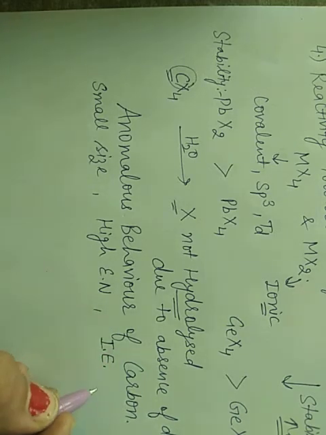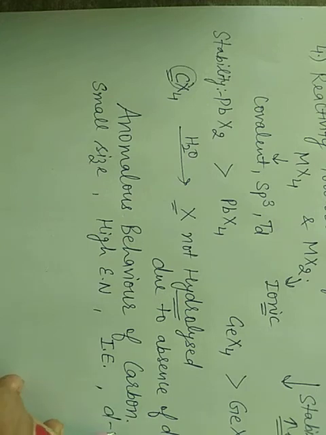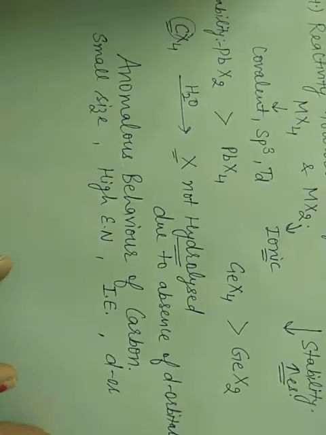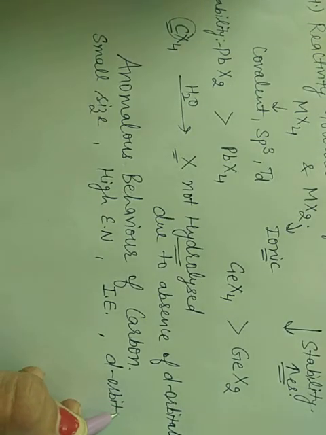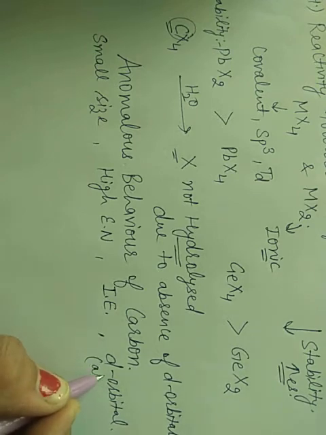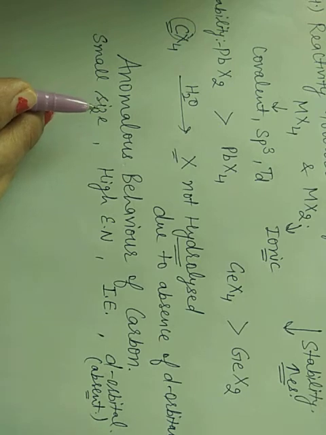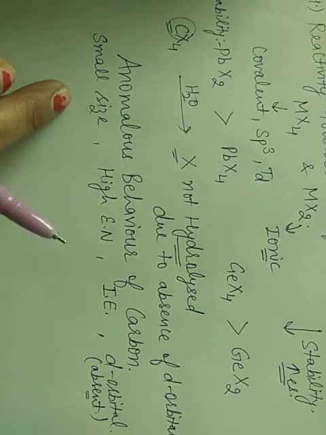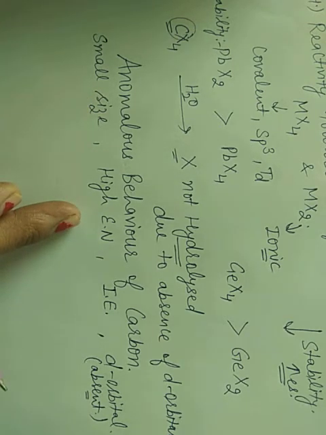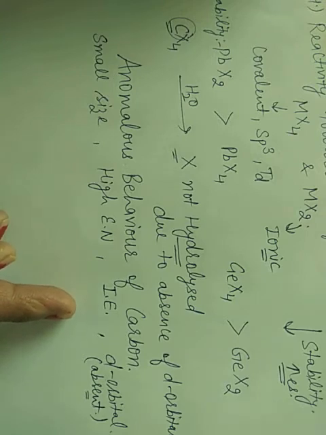And fourth is the absence of d orbital. These are the reasons due to which its properties are different from the other members of the group.